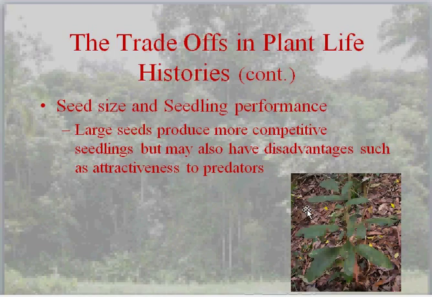So large seeds will pay the price of a competitive seedling, first of all in not being able to be dispersed very far, but also in being very attractive to predators. So they will lose a large number of their seeds through that.